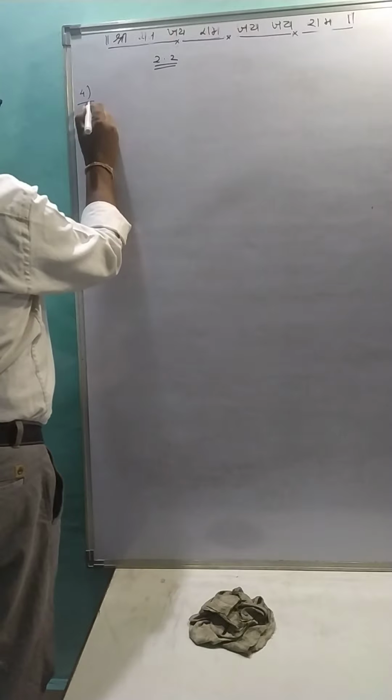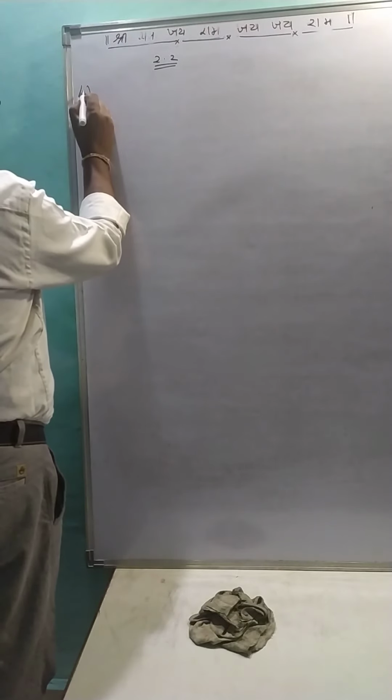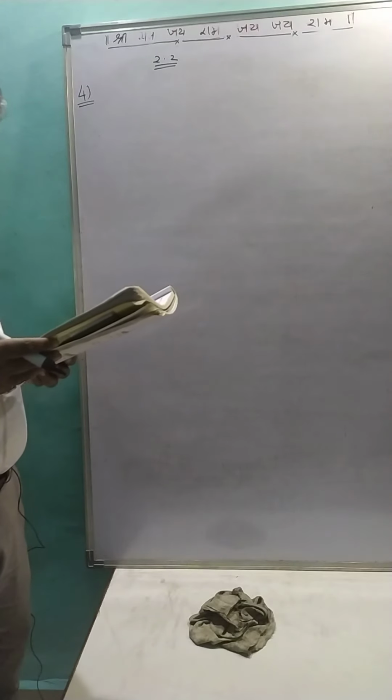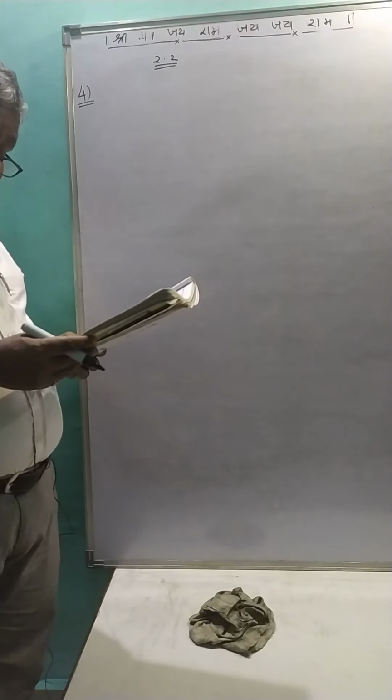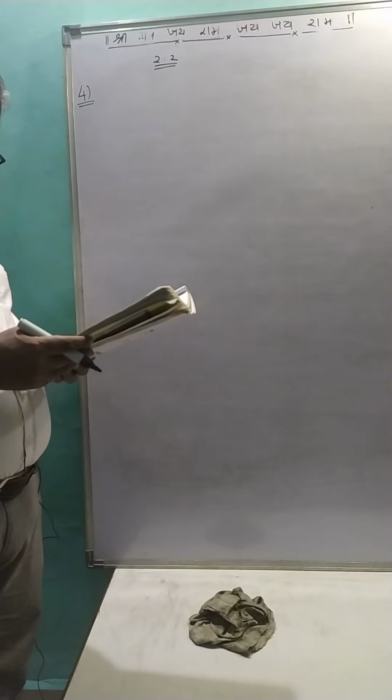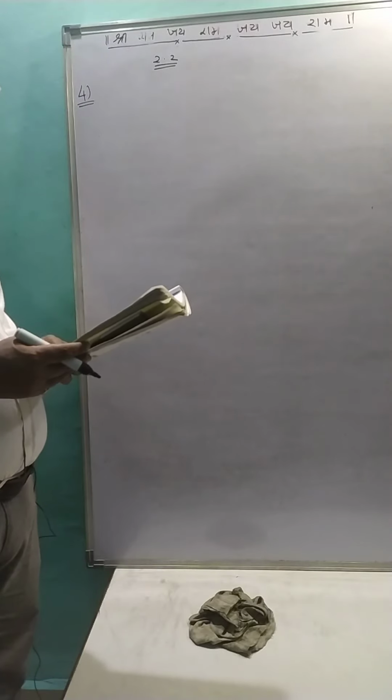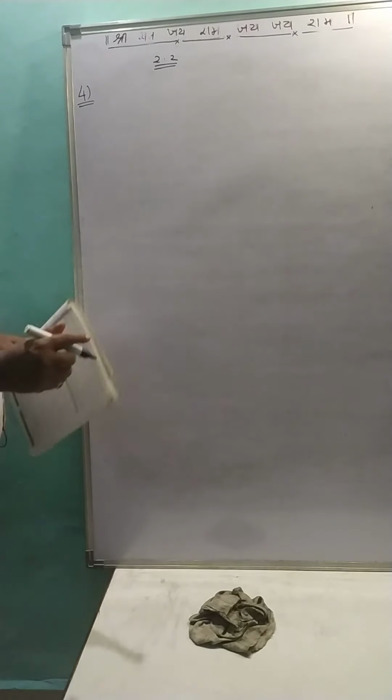In this figure, if BA is parallel to ray DE, angle C is equal to 50 degrees and angle D is equal to 100 degrees, then find the measure of angle ABC.